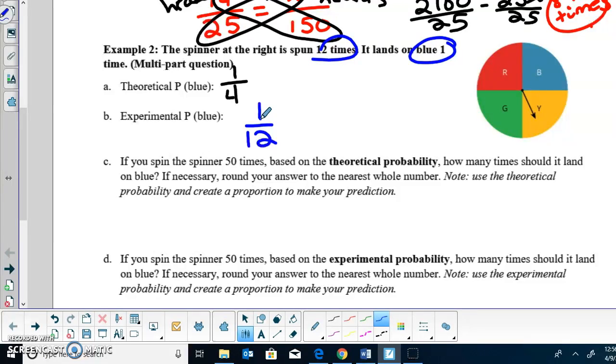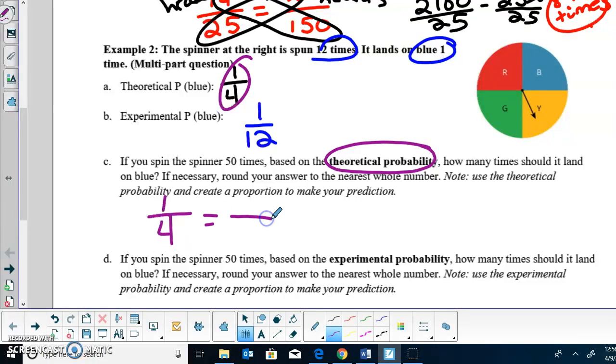Now I'm going to use my probabilities to make a prediction. If I spin the spinner 50 times based on the theoretical probability. My theoretical probability, I got 1 out of 4. So every 1 out of 4 times, it should land on blue. Now I want to know if I spin it a total of 50 times. So 50 is my denominator, that's my total. And my numerator, I have the number of times it lands on blue. And I don't know, so that's going to be x.